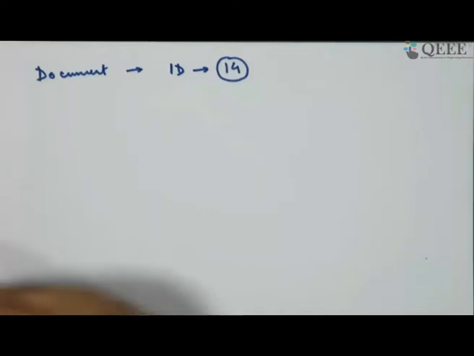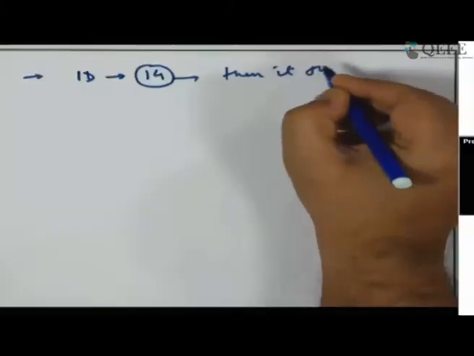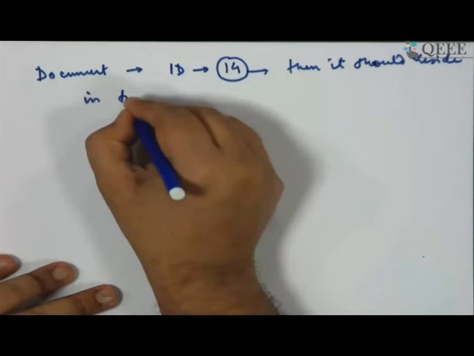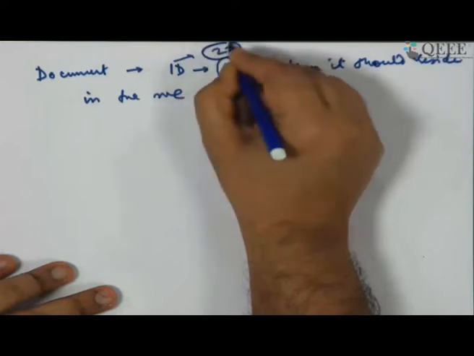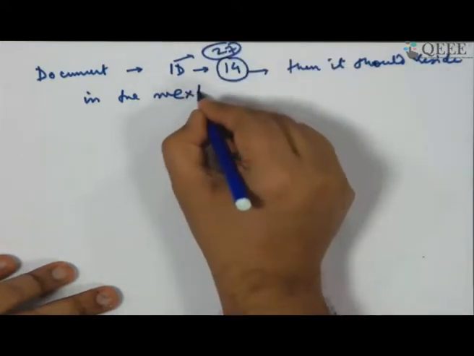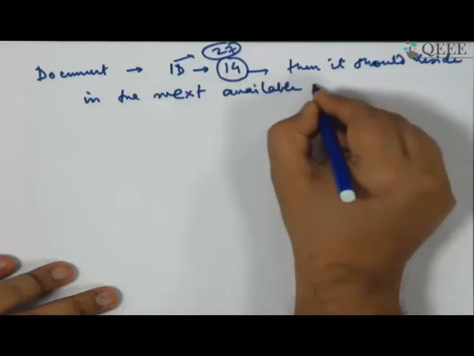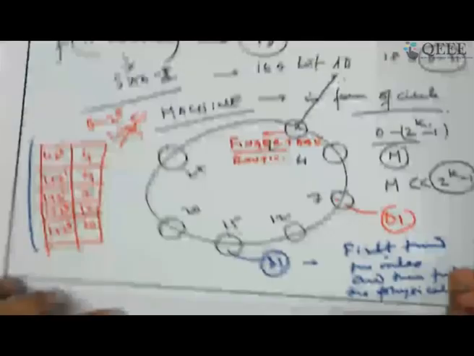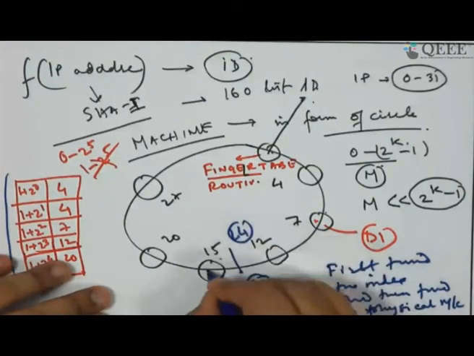So if it is an ID of 14, and it is from machine, say 27, that is fine, but it should reside at the next available machine. Okay. So what is the next available machine here? If you go back here, it is 14, ID is 14, so the next available is 15.